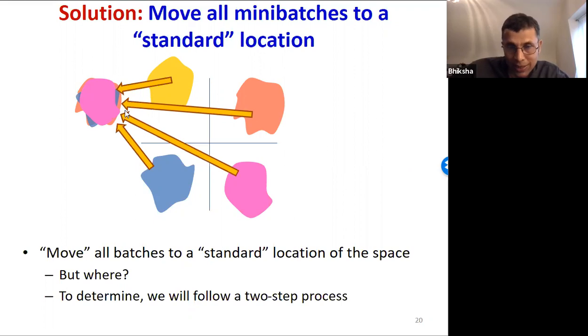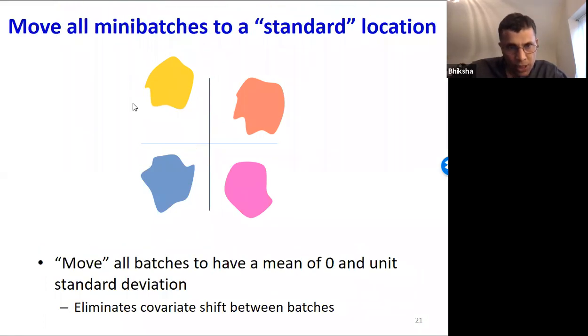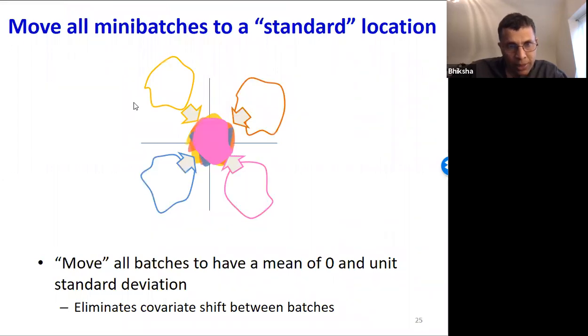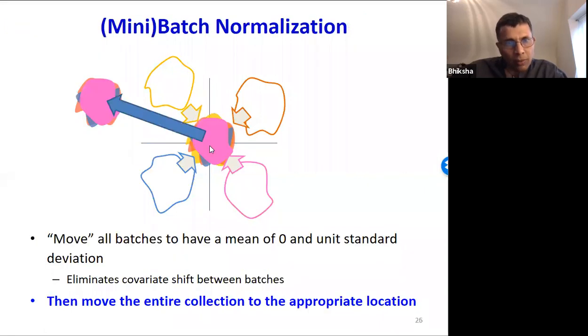It's complex, so we're going to break it down into a two-step process. First, we're going to move all the mini batches down to the origin and scale their values such that each shifted and scaled mini batch now has a mean of 0 and a unit variance along every component. And then from this location, we will have a standard shift of the mini batches into a standard location in this manner.